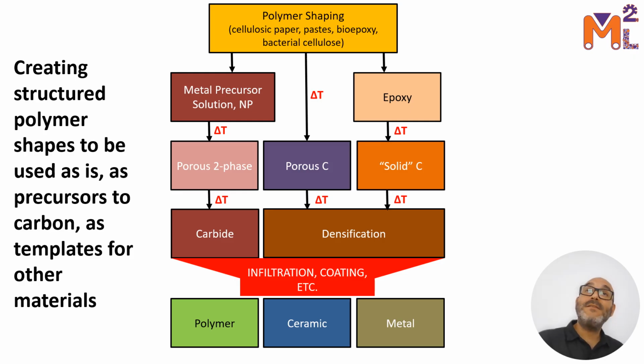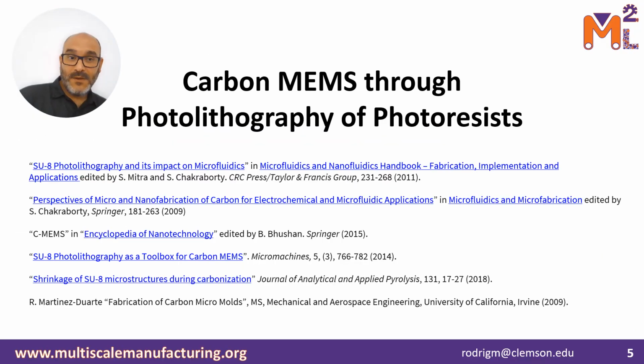We will be addressing the different parameters of interest in the processing of these polymer precursors using different techniques. So the first major topic will be that of carbon MEMS, and especially through the photolithography of photoresist.